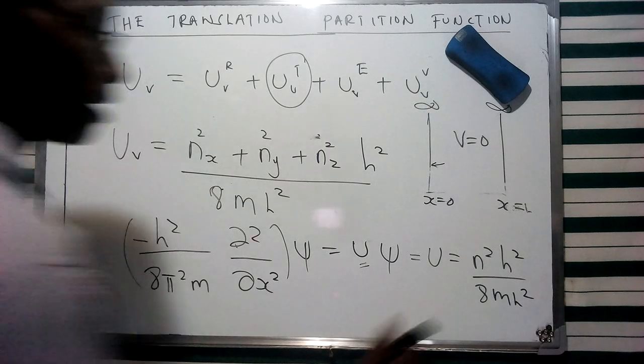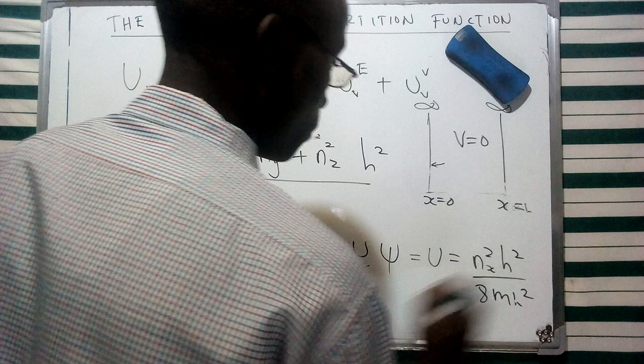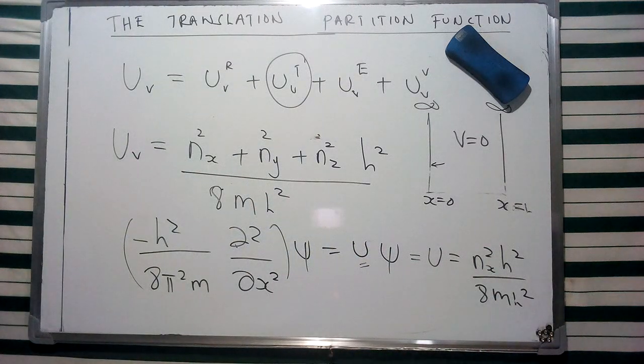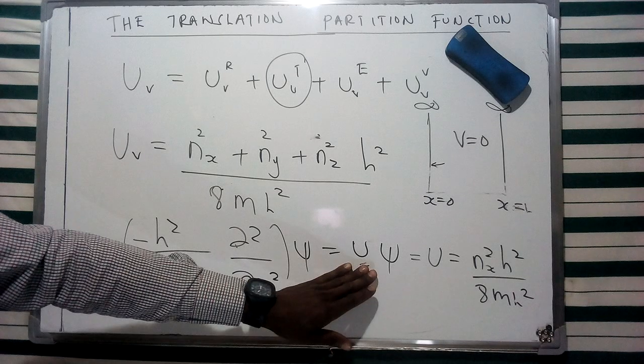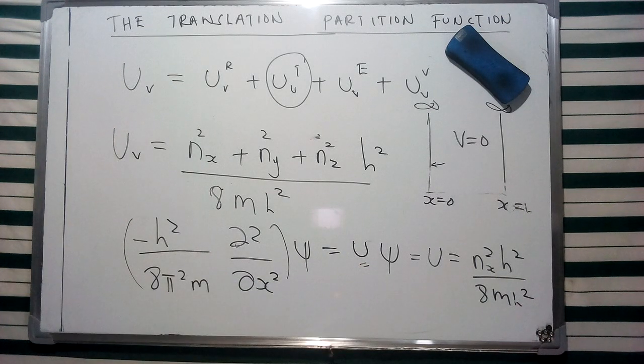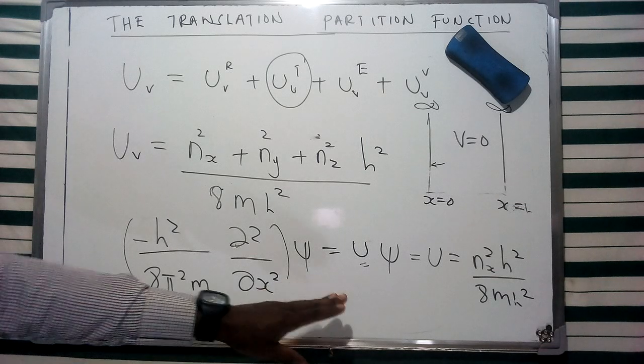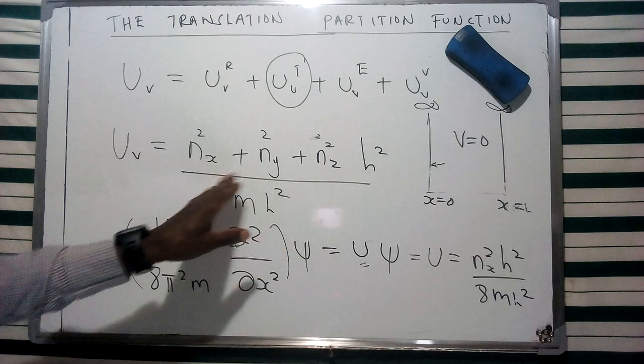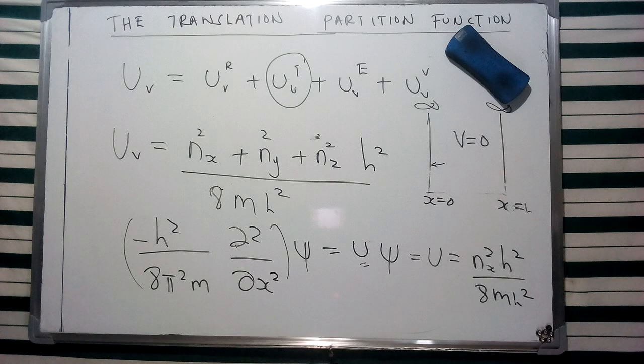Now, to be specific for our case, we're going to see that n is going to be given in terms of x, and that is basically going to solve for us the specific way of representing this particle in a box given as u. And this is going to assist us in describing the various aspects of x, y, and z for a translational partition function of this specific particle that we refer to as a monoatomic ideal gas.